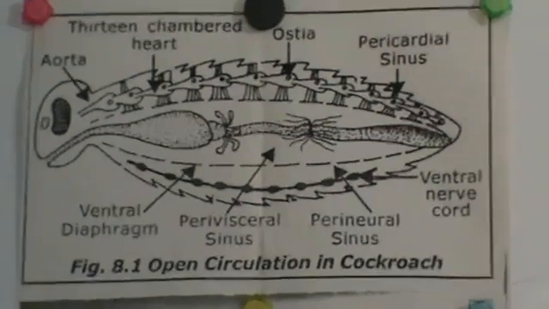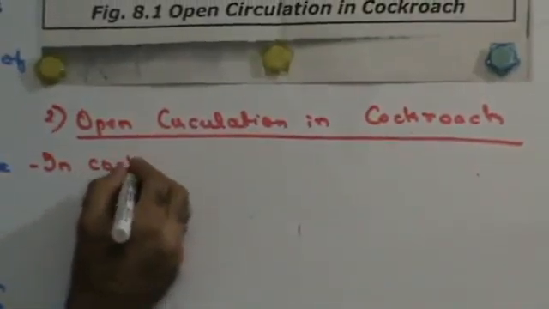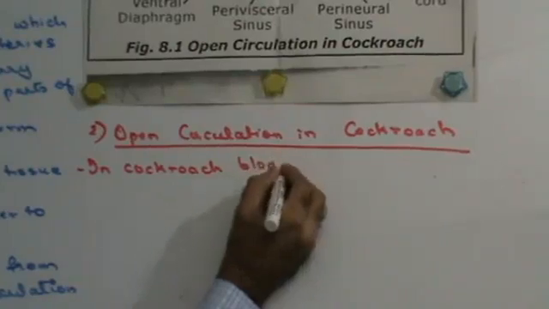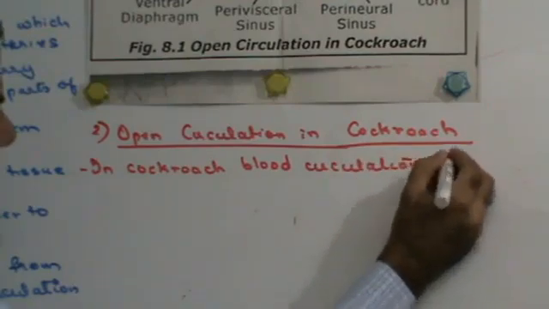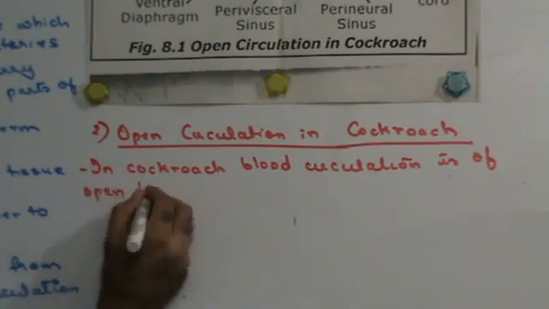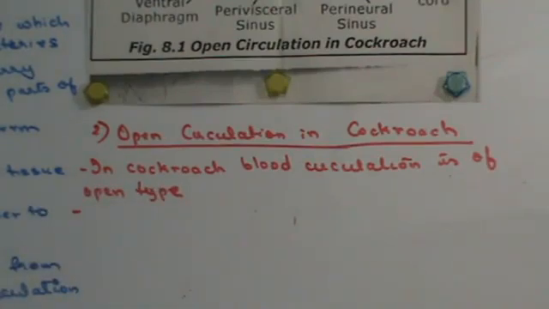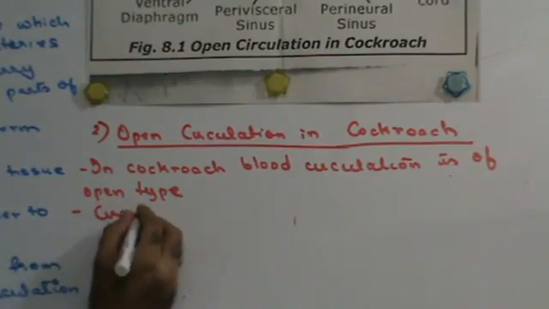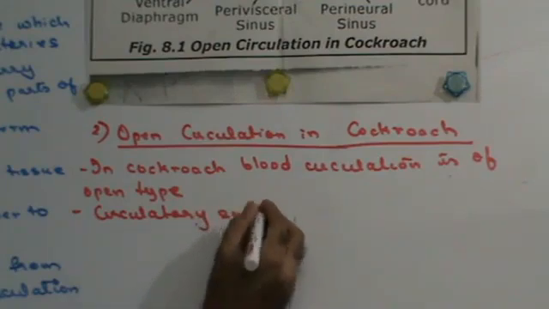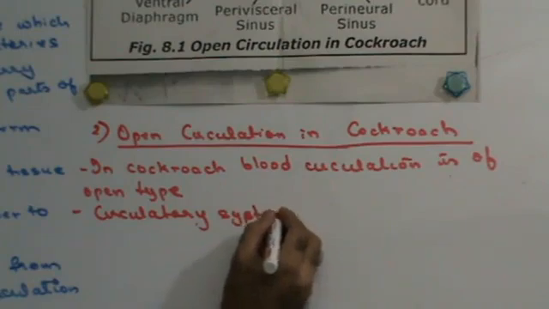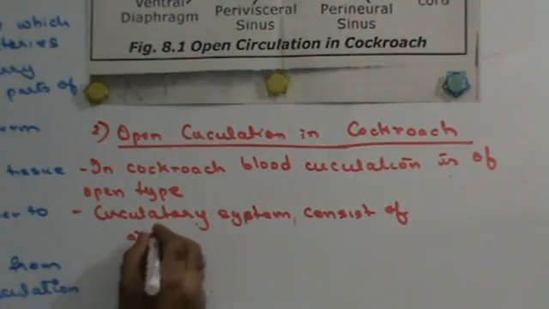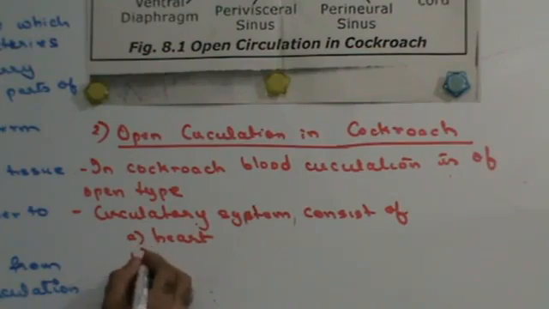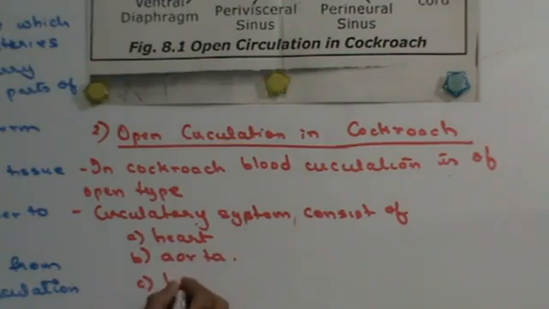In cockroach, blood circulation is of open type. The circulatory system consists of A, one heart, B, aorta, and C, hemolymph.